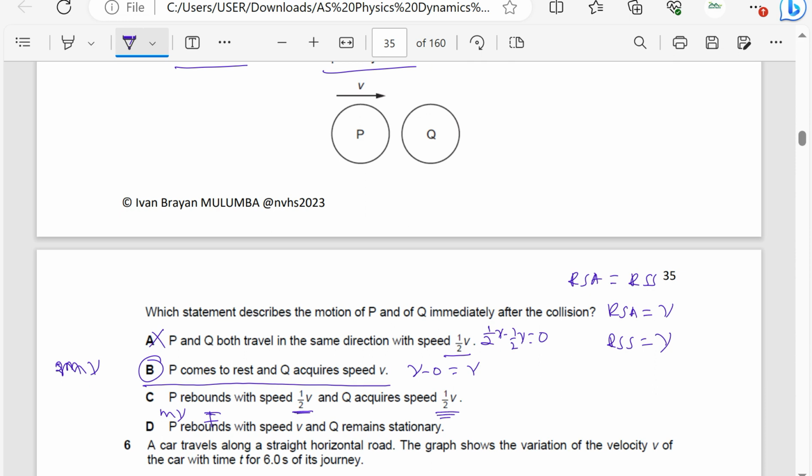So total momentum after collision is most likely not going to be conserved. So the answer is going to be B, because total momentum after collision is still mv, and the relative speed of approach is the same as the relative speed of separation, which is v.